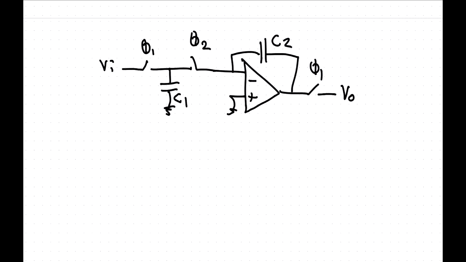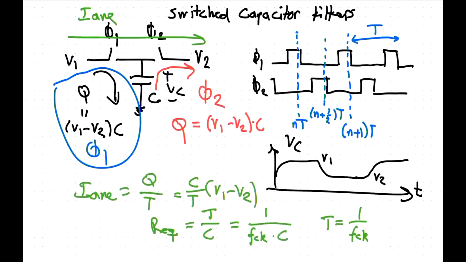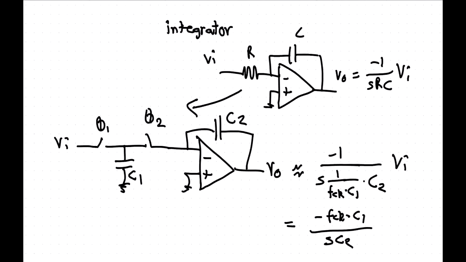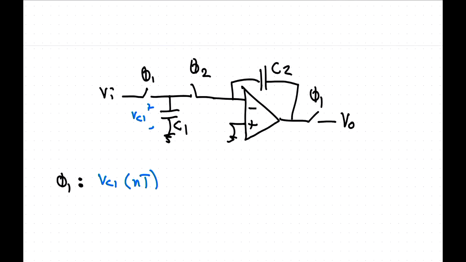So let's see if we can analyze this. At the end of clock phase 1, what have we got? We have VC1 of nT, so the end of clock phase 1 is nT, or n plus 1 T, whatever.